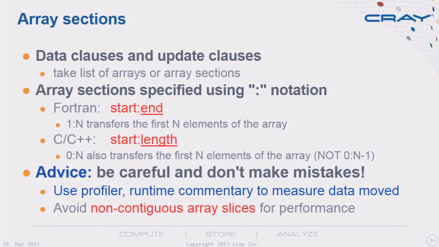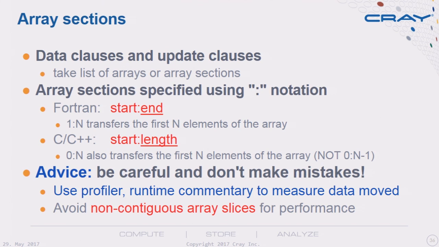Our advice is, if you port just some parts of your arrays, you should be careful and not make mistakes. You should also use the tool I will show you in an hour, the profiler and runtime commentary, to verify that the compiler is transferring the data you really want.